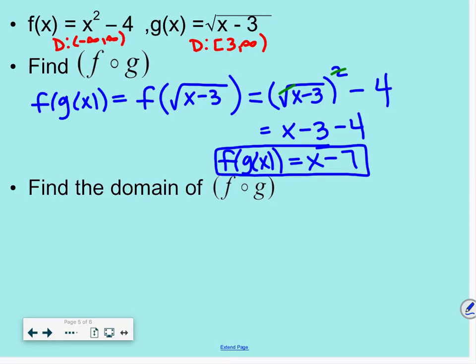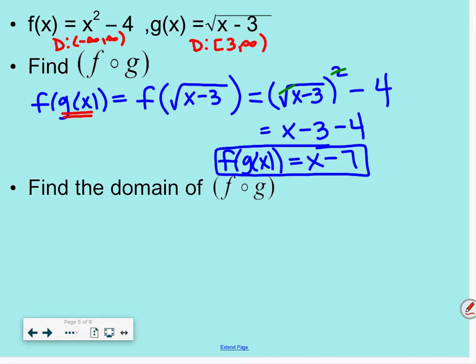However, we had to begin by plugging in g of x. And what are the only numbers that can be plugged into g of x? Everything greater than or equal to 3, right? So while, yes, x minus 7 has a domain of all real numbers, since it came from a composition where we plug into g of x first, we have to consider the overlap of this domain.